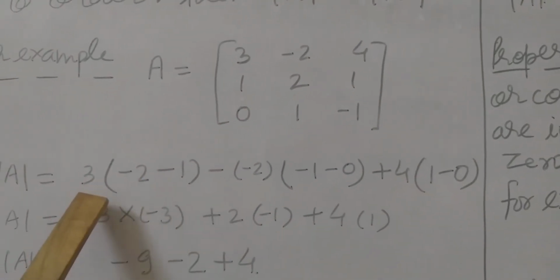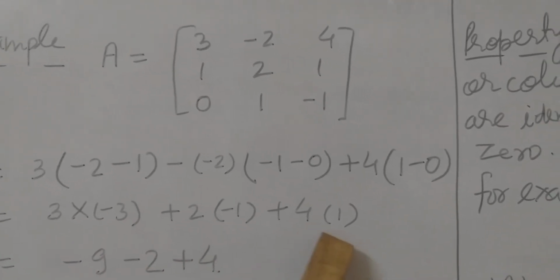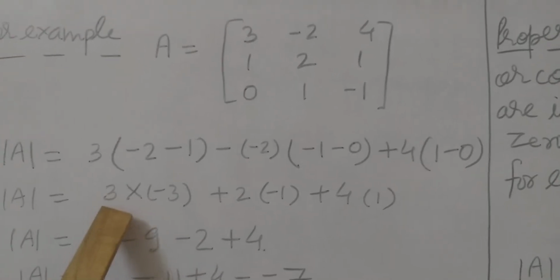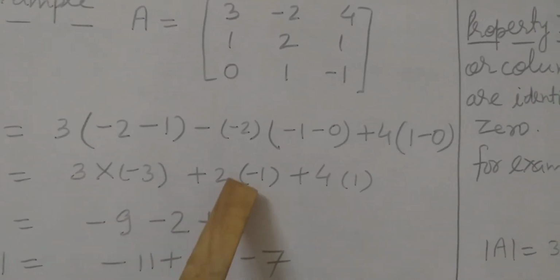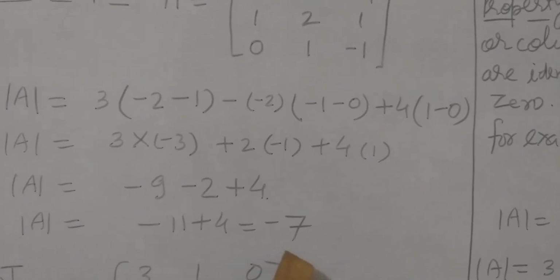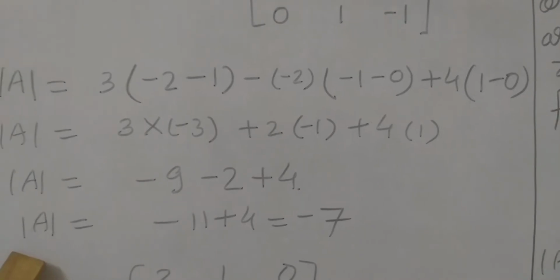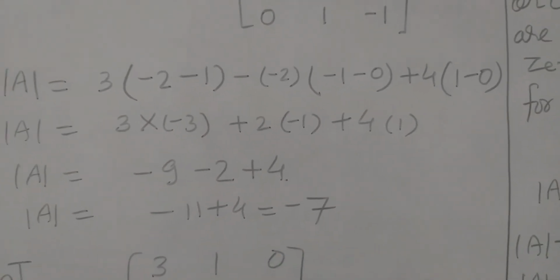So let us do the calculation: 3 minus 3 plus 2 minus 1 plus 4 into 1. So minus 9 minus 2 plus 4, which is minus 11 plus 4, minus 7. You can see the determinant of the matrix is minus 7.